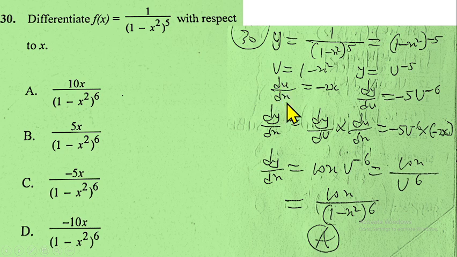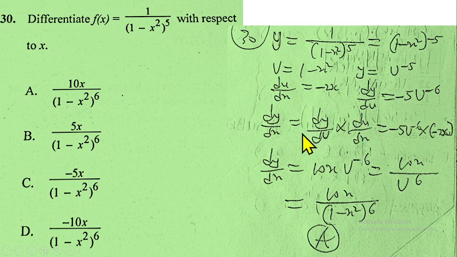So we have du/dx giving us minus 2x. Then we have y equals u raised to power minus 5, because we have already called this one u. So we can differentiate y with respect to u, which gives dy/du equals minus 5 u raised to power minus 6.